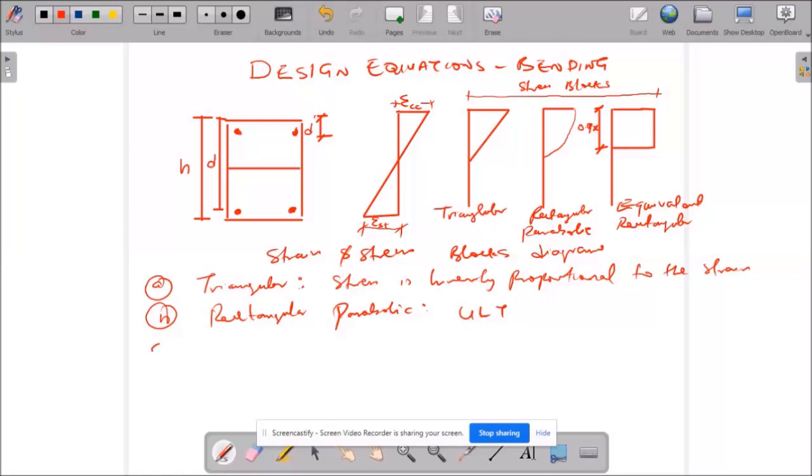The third condition is known as the equivalent rectangular, a simplified version of the rectangular parabolic. So we transform the rectangular parabolic into an equivalent rectangular stress block.